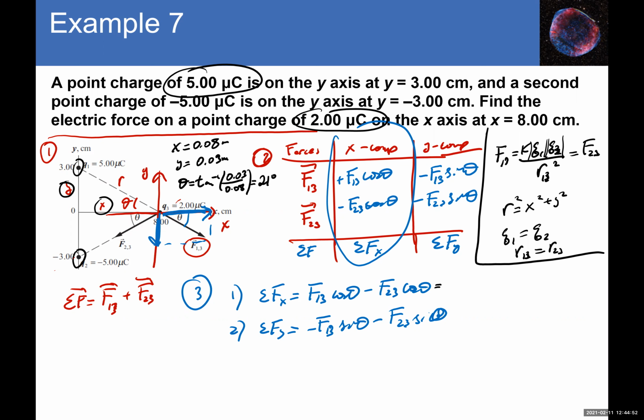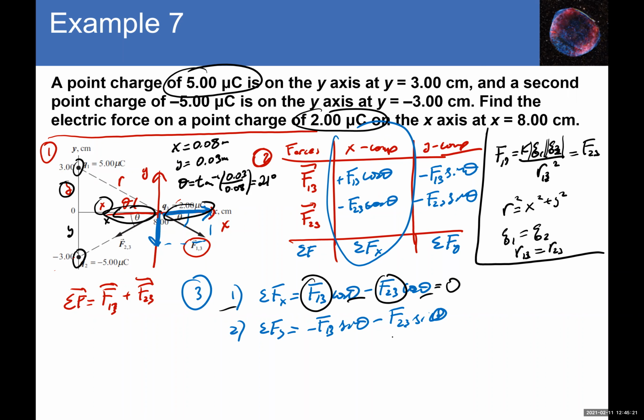The idea here is that because this Y and X combination is the same for Q1 and Q2, theta 1 and theta 2 are also the same. If I put it in equation 1, I get 0, because F13 and F23 are the same with the same cosine thetas, which means those X components cancel each other.